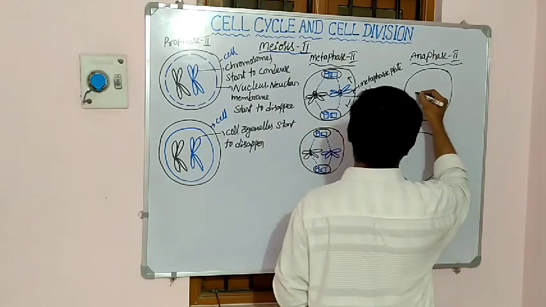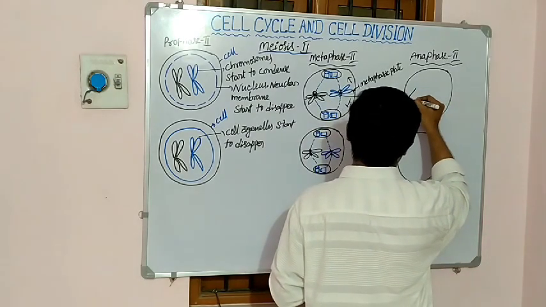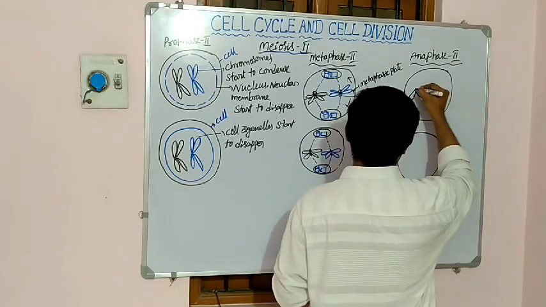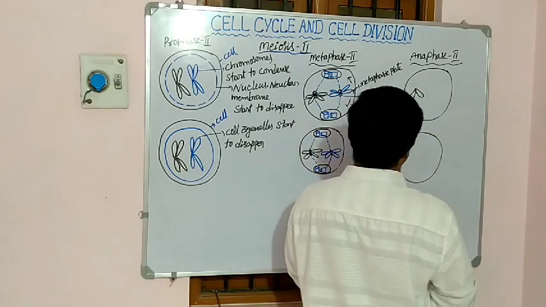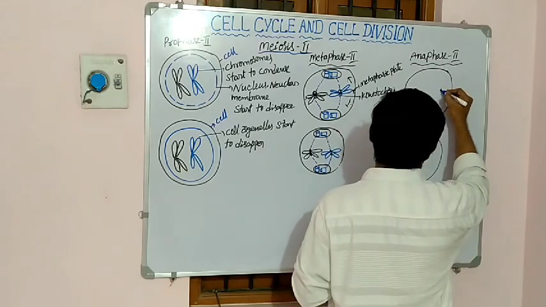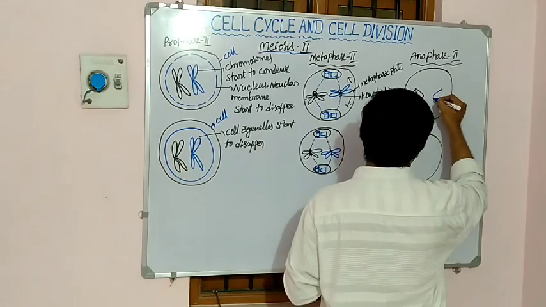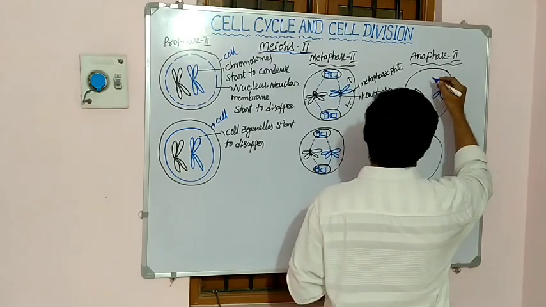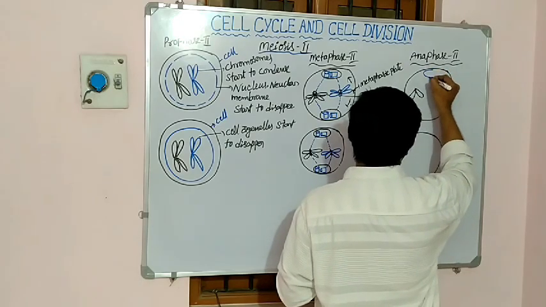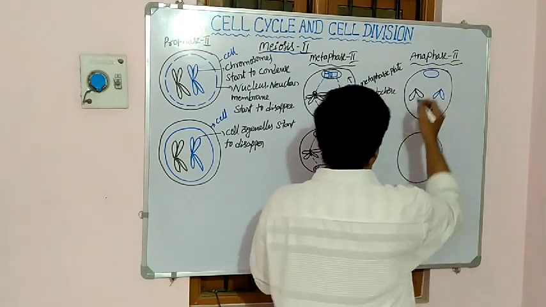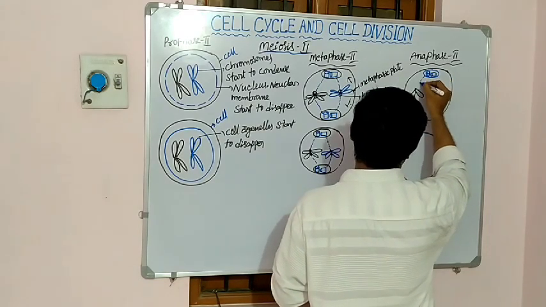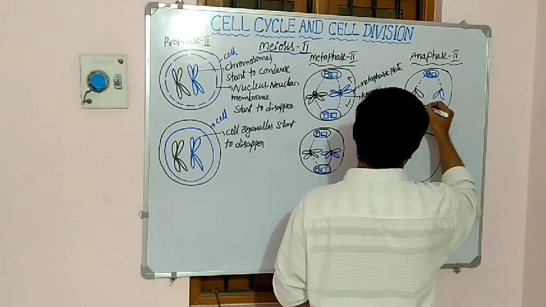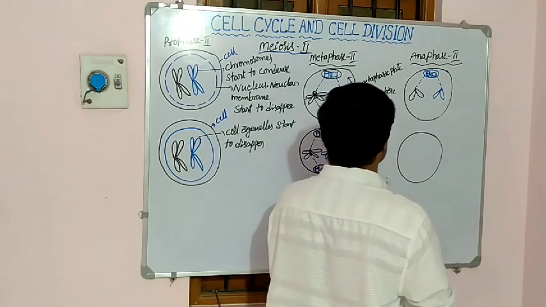The sister chromatids, see, these two are chromatids, and here also chromatids. These two chromatids are pulled by the centrosome like this. Here also.